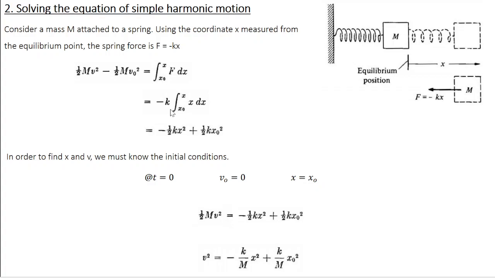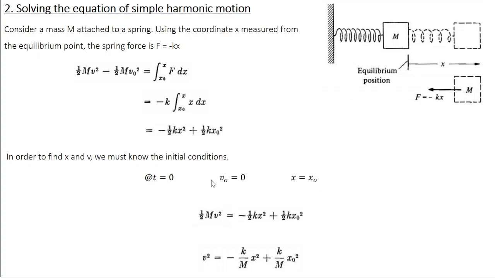So we need two initial conditions. Let's say at time t equal to 0, initially the system is at rest, so the initial velocity v0 equal to 0. I also know that at time t equal to 0, the body is at the position x0. So at t equal to 0, x equal to x0.